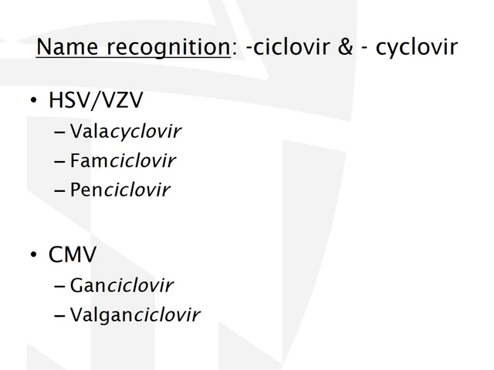CMV is a very serious disease, and so patients who are receiving prophylaxis or treatment for it are at risk for therapeutic failure, and that's a big issue. So anyway, your name recognition here is just cyclovir, and that indicates that it's one of the drugs used for the herpes virus group.